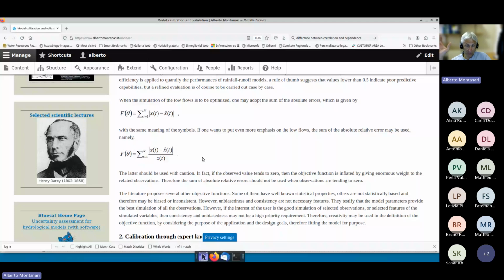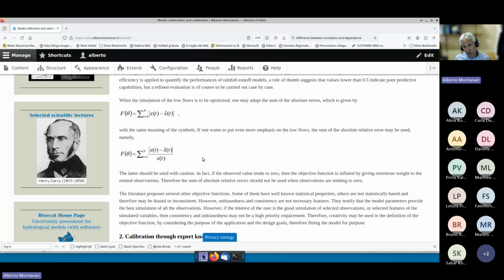So, of course, if you have zeros in your xt, in your observations, you get an error, because dividing by zero, of course, gives an error. But you may not get errors, so you may be fine with the result. But if there are observations that are very close to zero, then you give really a lot of weight to the errors in simulating these observations.